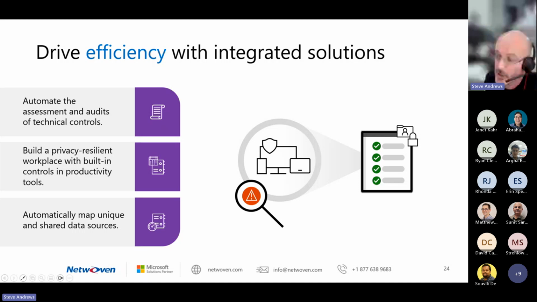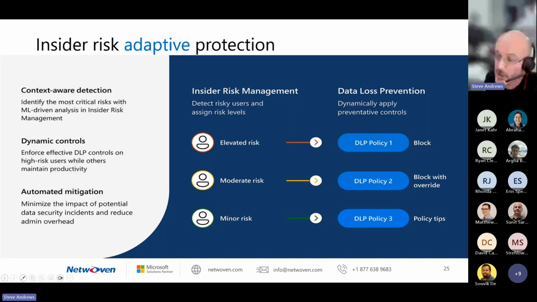So just going to have a little mention about insider risk, the adaptive protection piece. And so here, again, we're leveraging the automation. This combines the functionality of both Purview insider risk management and Purview data loss prevention, leveraging artificial intelligence between these two systems.